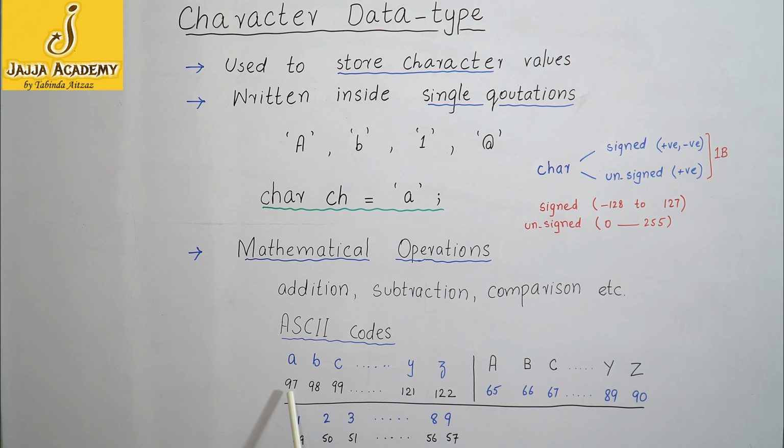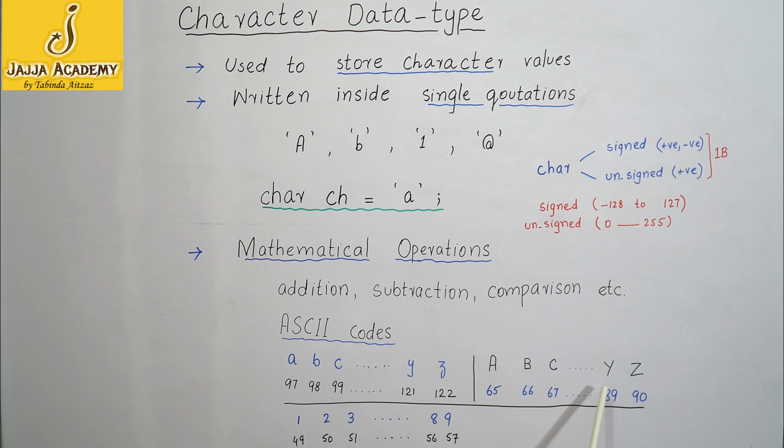It means small a starts from 97 and 1 is added to get the next ASCII codes till we end at z. In case of capital ABC, the ASCII code of capital A is 65, then the ASCII code of B will be 65 plus 1, which is 66, and the next ASCII code will be 66 plus 1, 67, and so on.